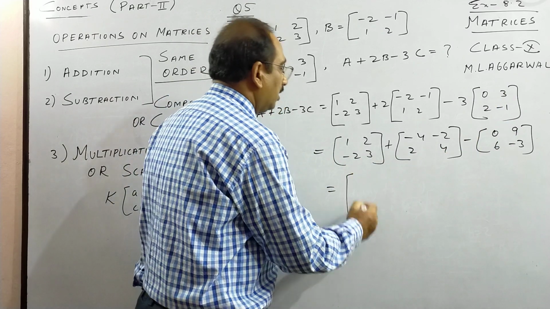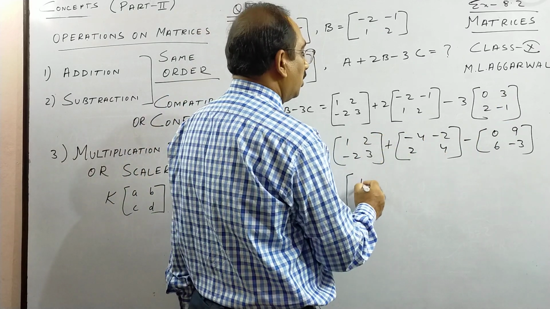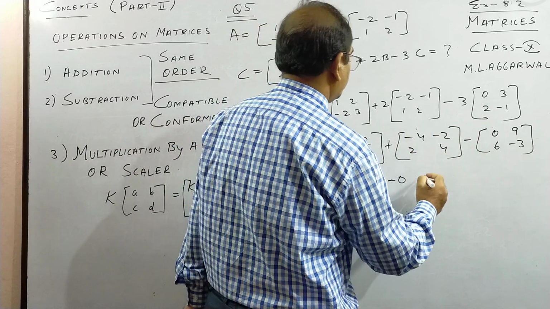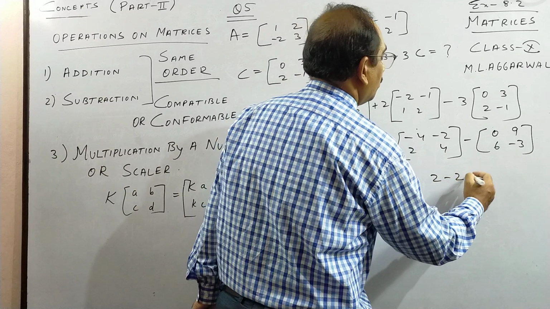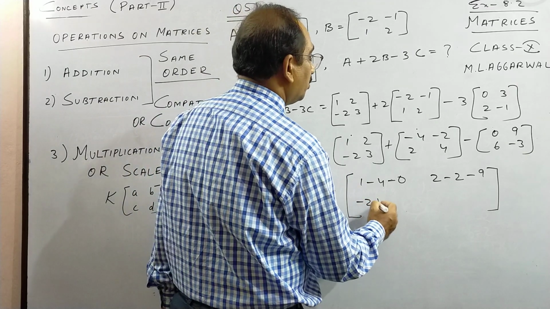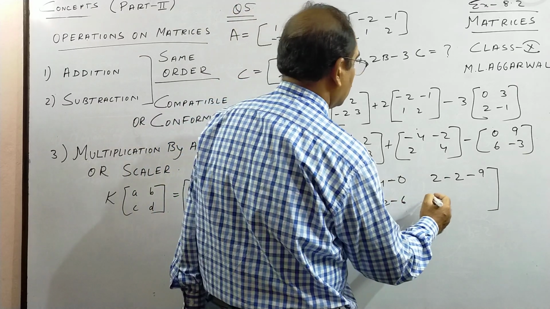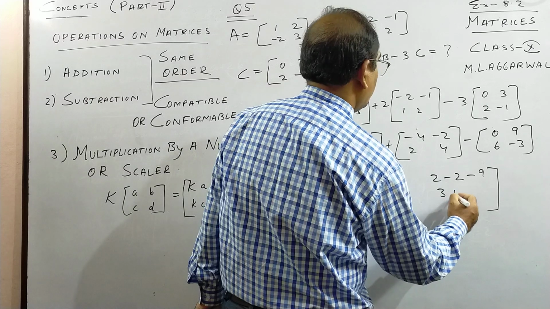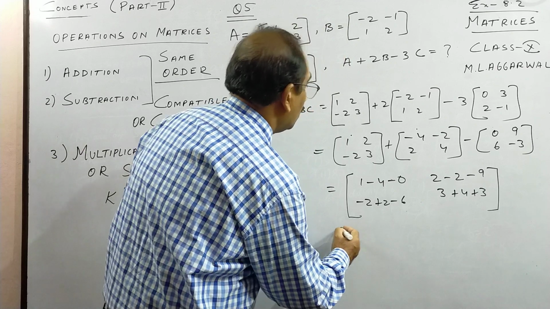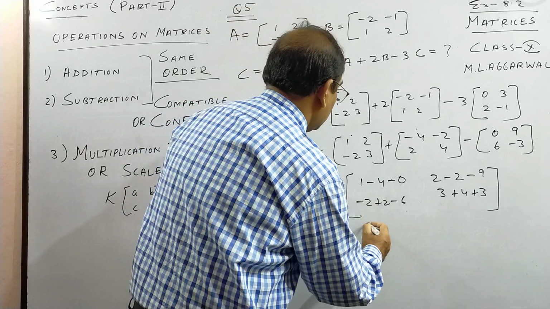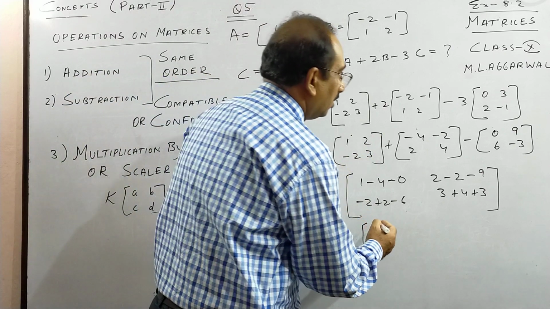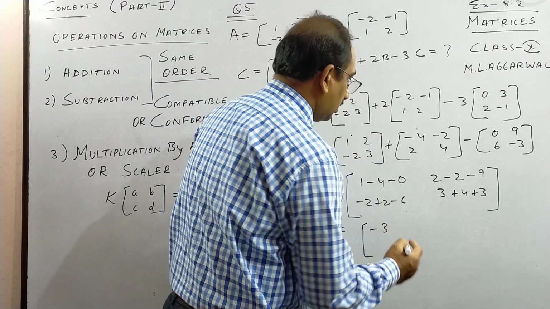Finally we add each corresponding element. See here, 2 minus 2 minus 9, minus 2 plus 2 minus 6, 3 plus 4 plus 3, minus minus plus. So here we get 1 minus 4, which gives minus 3.